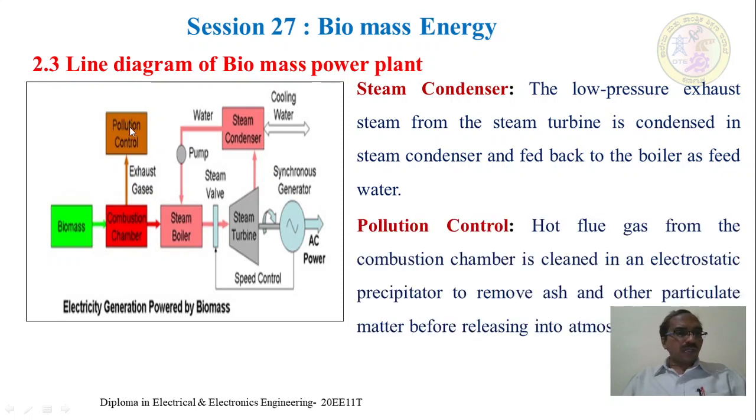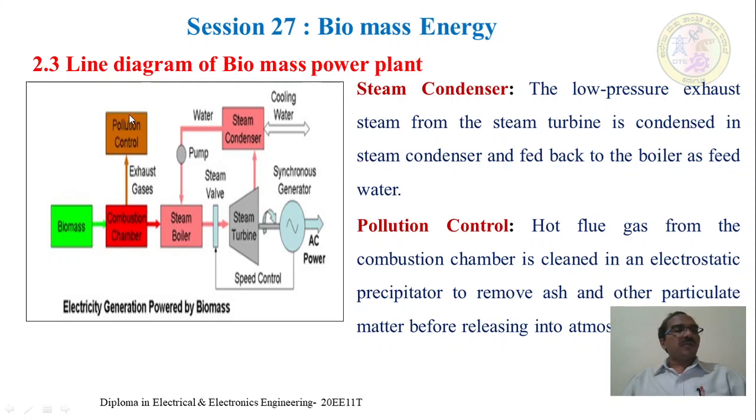Along with that, pollution control is also one of the important components. The hot flue gases coming from the combustion chamber, either you can use an electrostatic precipitator if it is a large plant, or you can use other respective circuitries or devices which will remove the ash and other particulate matter from them, and then it can be released to the atmosphere.